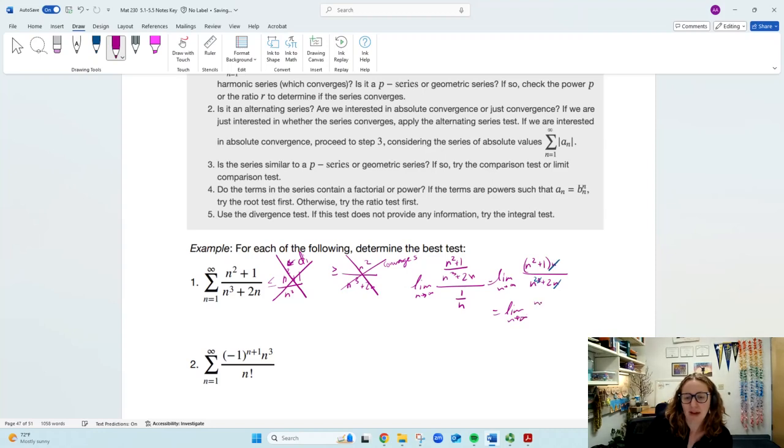And I'd be left with n squared plus 1 over n squared plus 2. We can see that both of these have the same degree on top and bottom, so I can compare my ratios. Look at the horizontal asymptote. This is going to equal 1, which is not 0. So by the limit comparison test, since this thing is divergent, then this is also going to be divergent.